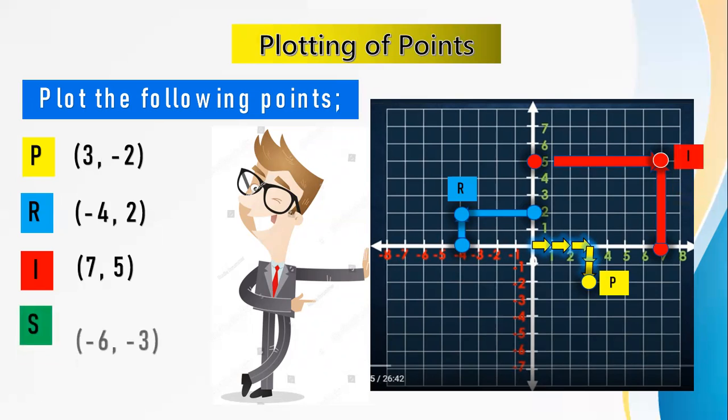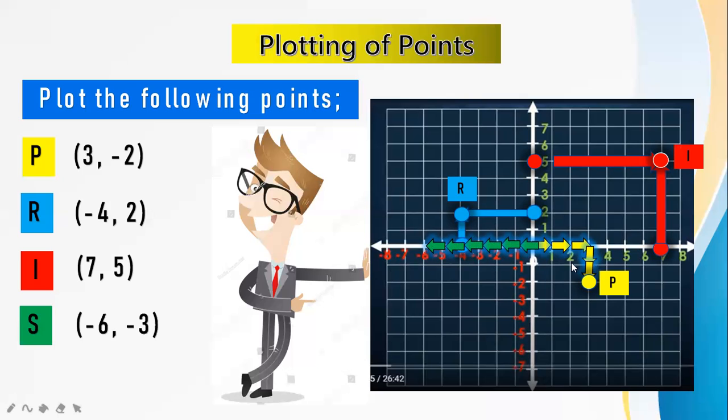Next, we have your S, negative 6 and negative 3. So X is negative 6 and your Y is negative 3. And therefore, this will be your X, so this will be your negative. So move 6 units to the left of the y-axis: 1, 2, 3, 4, 5, 6, and then 3 units below the x-axis.